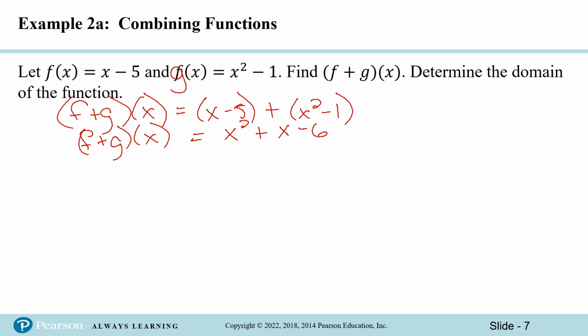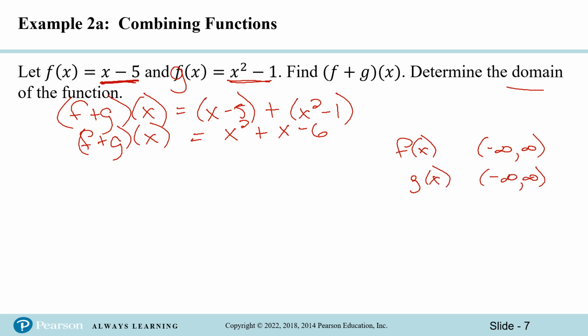So now for the domain. The domain for the f function is negative infinity to positive infinity, so no worries there. The g function also is negative infinity to positive infinity.